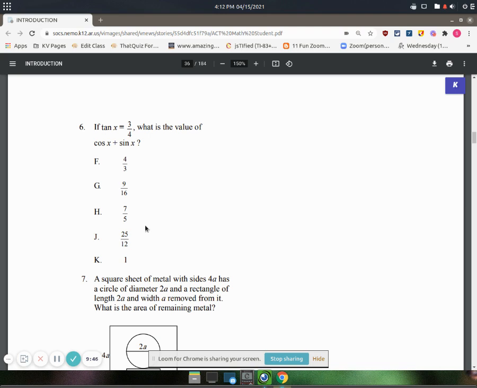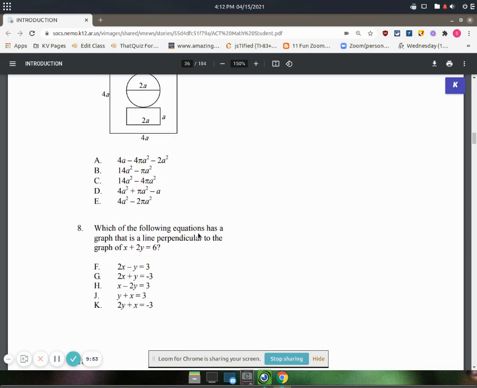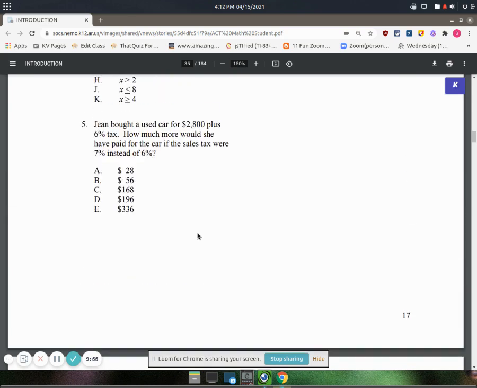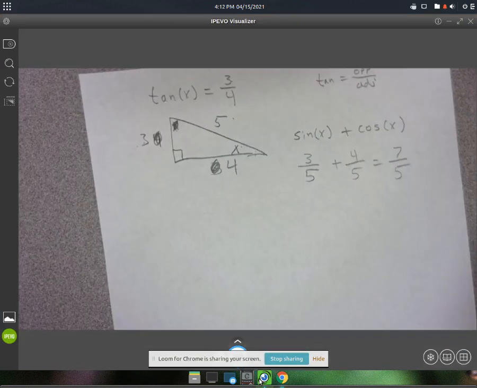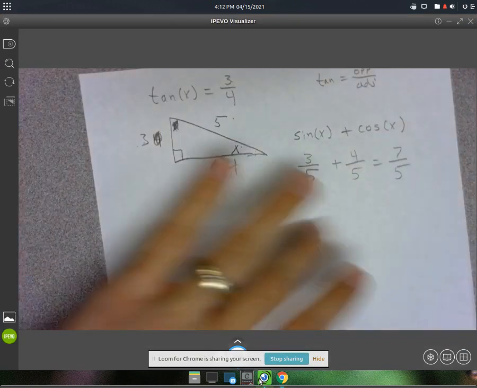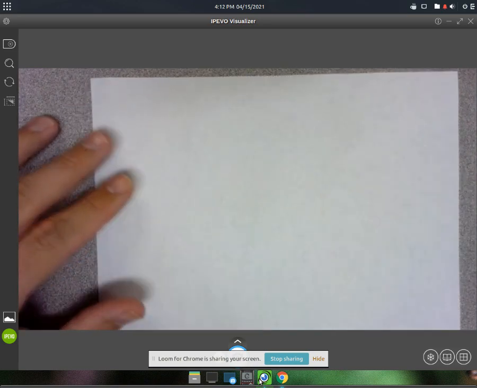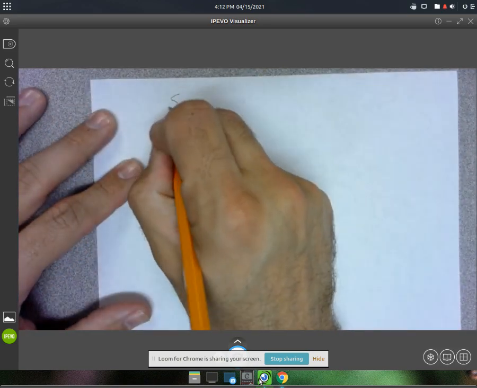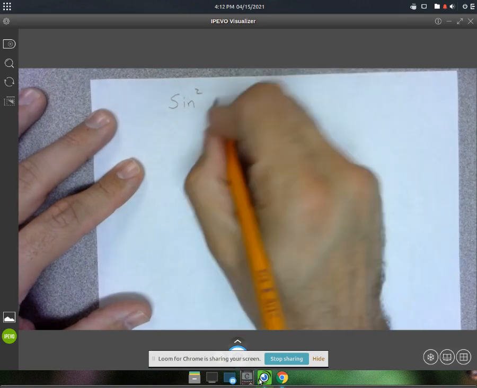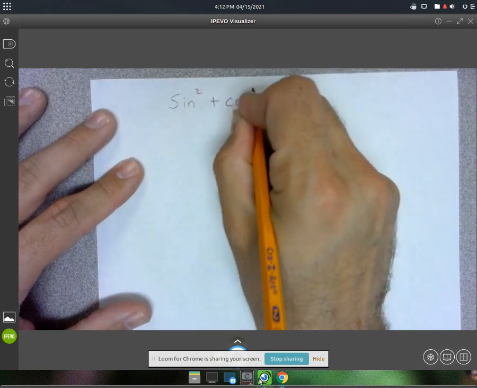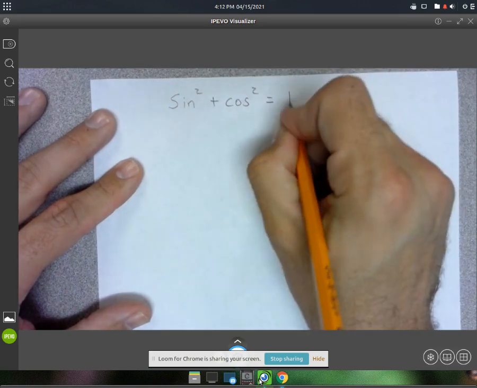There sure is a whole lot more. I'll see if I can find some practice questions maybe to throw at you, but there is a lot to trig, a whole bunch. Another thing, what's another random fact that shows up? This right here: sine squared plus cosine squared is equal to 1.